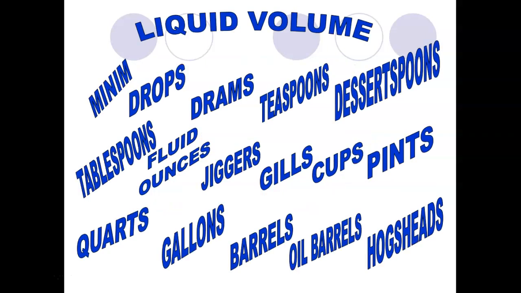Here's the liquid. The funniest one I've always found is, what is a hogshead? Seriously, what? And what is the difference between a barrel and an oil barrel? Some of these you've probably heard of. Personally, I've never heard of a gill or a jigger.